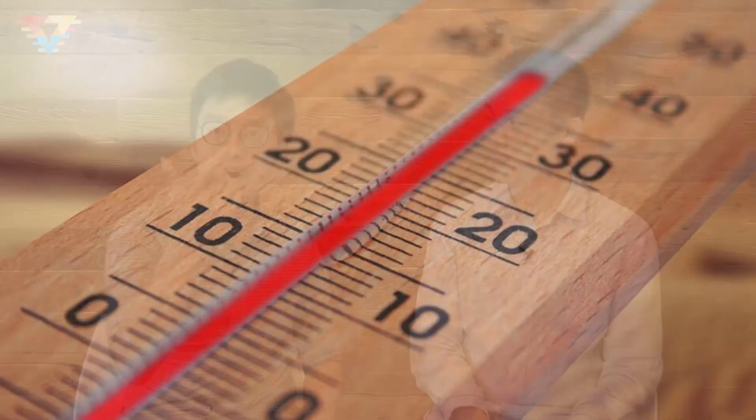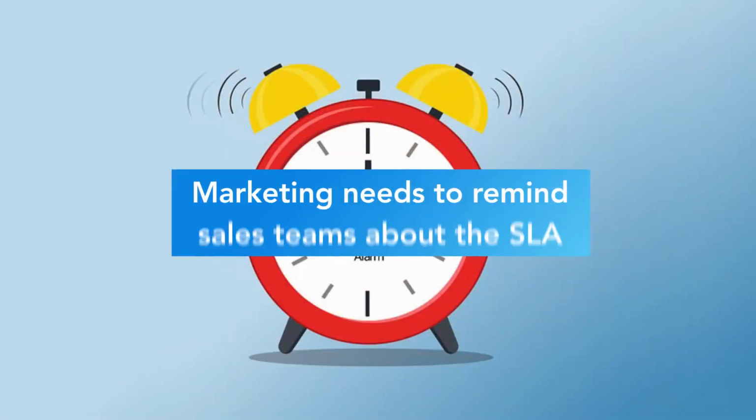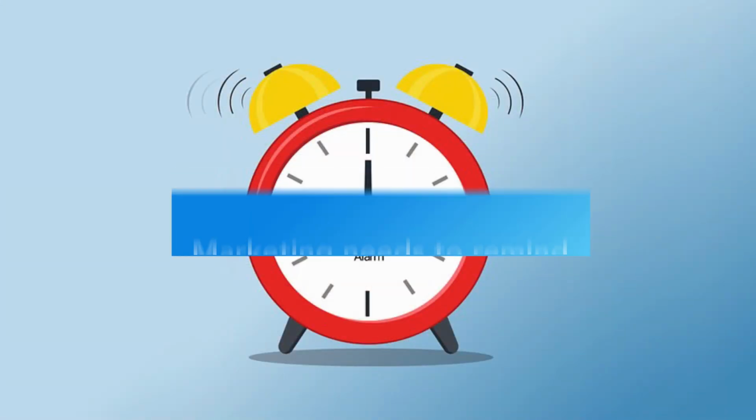Often your salespeople are so busy and occupied. But whenever management decides to run a campaign focusing on SQL, your sales team needs to be on board. Your marketing needs to be on board as well, to remind the sales team that there's this service level agreement to call them within the next 24 hours. I think that's one important component.